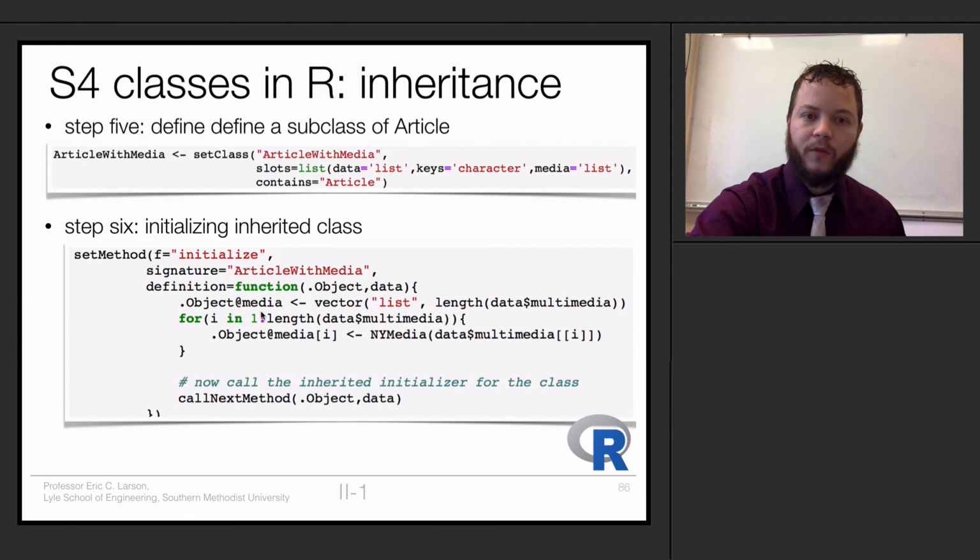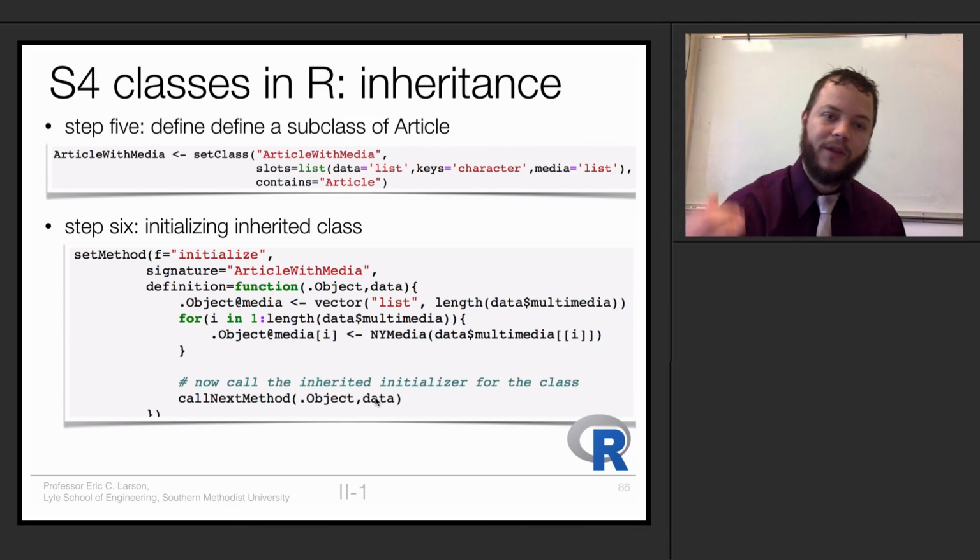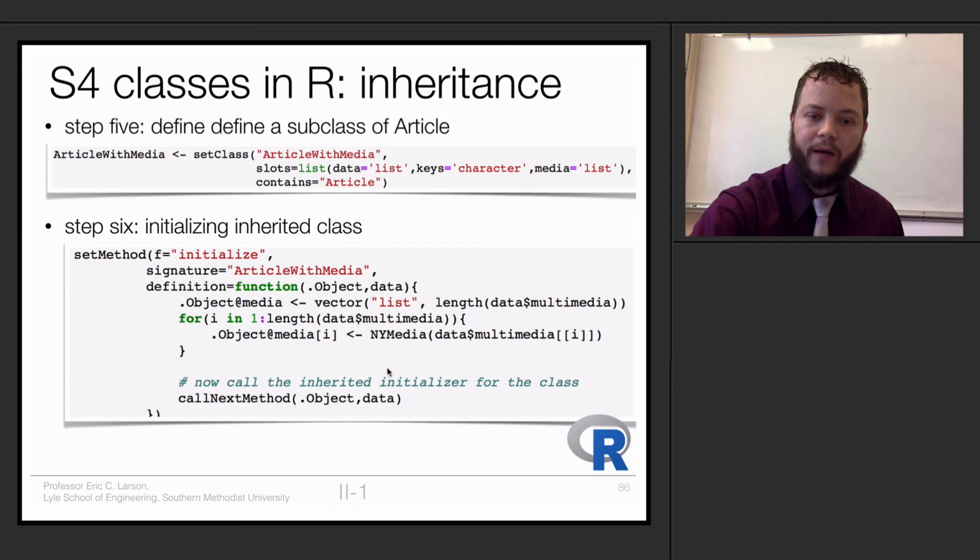And then I can do some things with it for each element in that. But at the very end of this, what I really want to do here is I want to say call next method object data. And what that does is it says, okay, initialize what you need to do here, and then call the next initialization function, whatever I have inherited from. It'll call the superclass of article, and it'll hand off data.